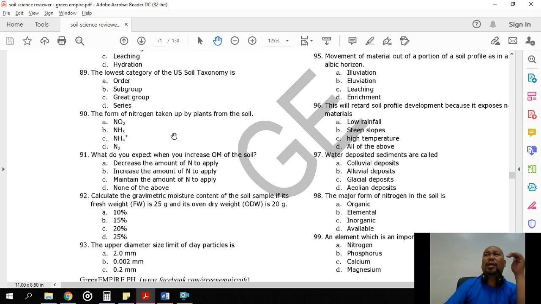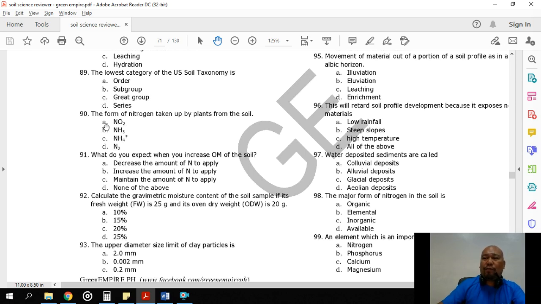Soil taxonomy works just like how organisms are organized by Carolus Linnaeus, right? Remember kingdom, then phylum, then class, family, and order. So soils are also broken down that way. The smallest unit of classification is the soil series. In biology, in organisms, the smallest degree of classification is the species.